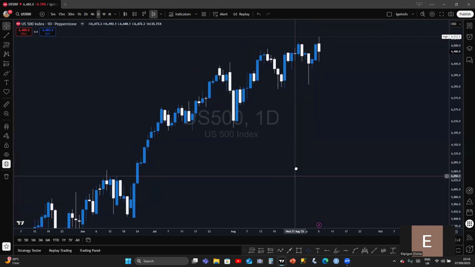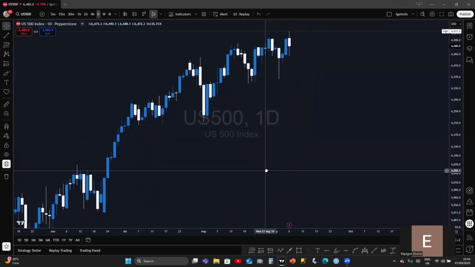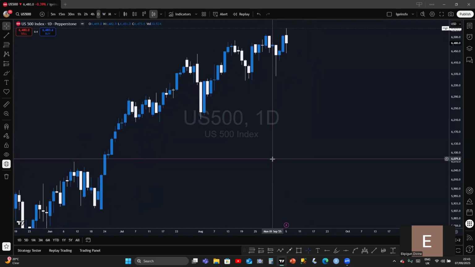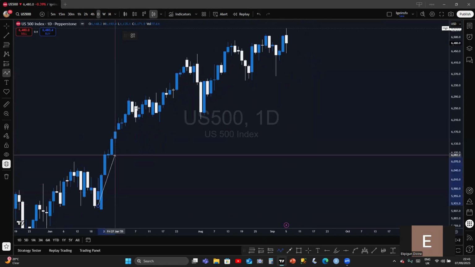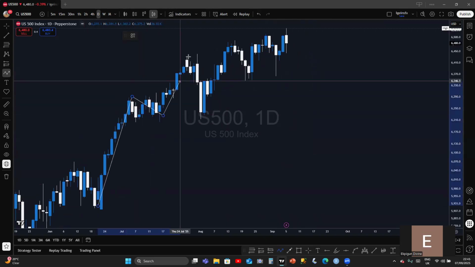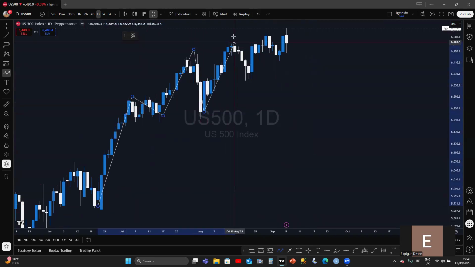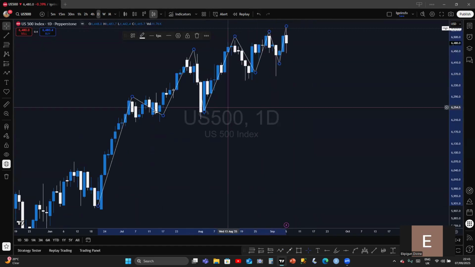Okay, that is good. So that being said, if you look at this trend very well, you understand that it has that characteristics, right? It's been breaking structure to the upside.